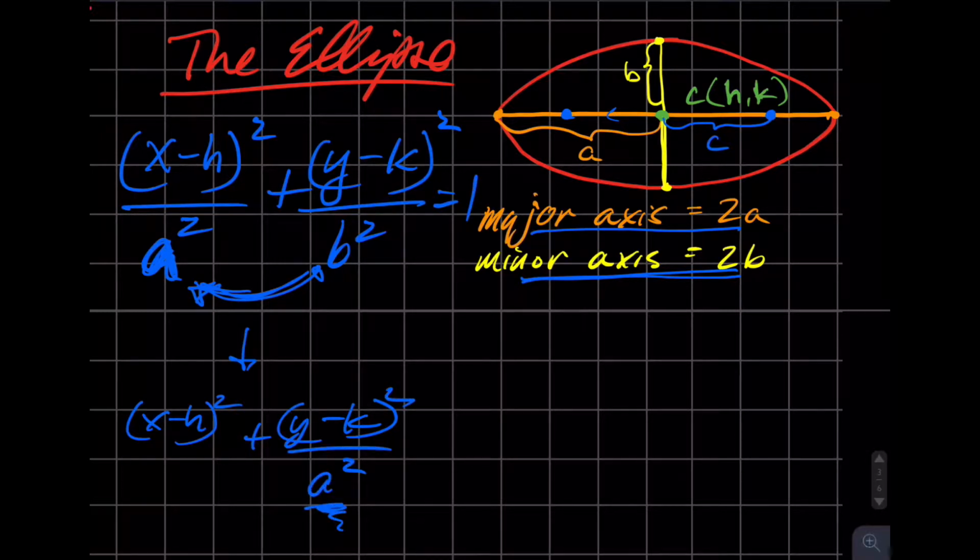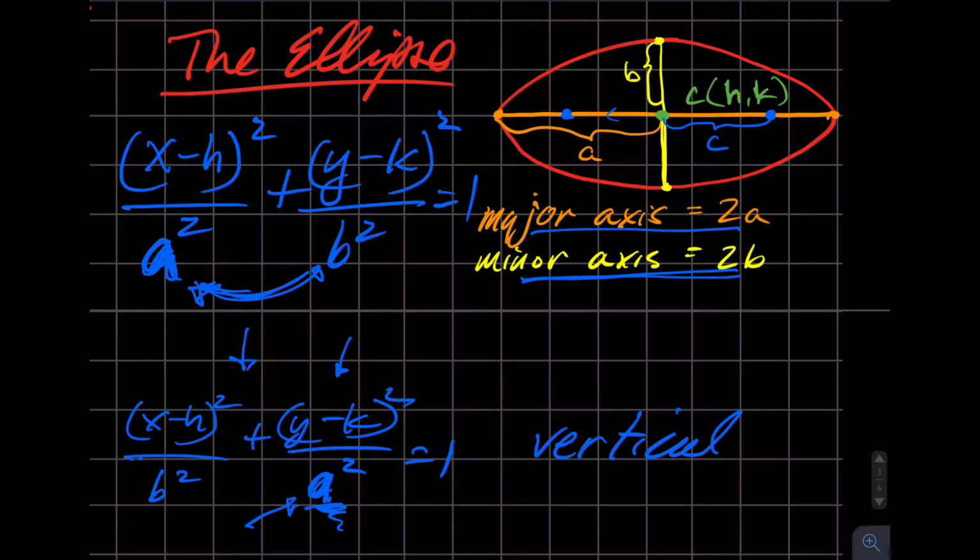Notice how the a is under the y squared term. Whichever term has the greatest value, which in this paradigm is always a, since a is greater than b, this one becomes our vertical, because my greater value is underneath the y.